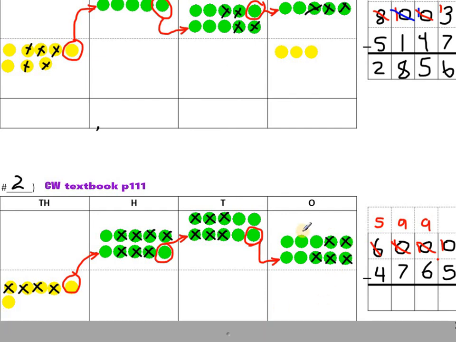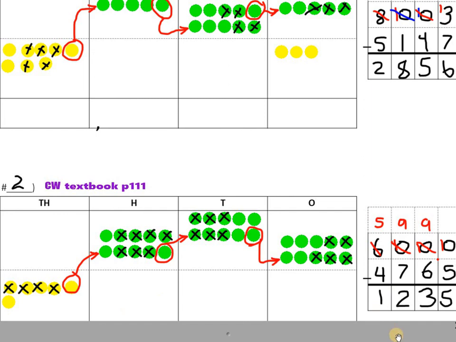I know that 10 minus 5 leaves 5. 1, 2, 3, 4, 5. 5 ones. 9 tens minus 6 tens leaves 3 tens. 900 minus 700 leaves 200. 5,000 minus 4,000 leaves 1,000.